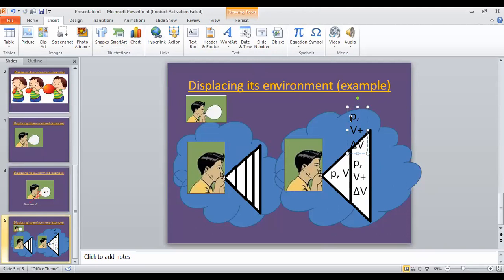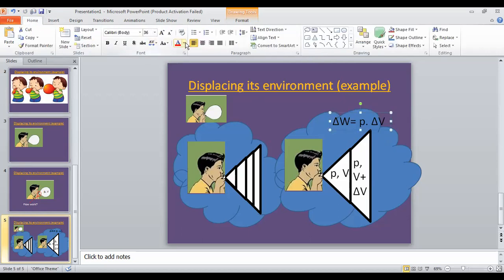W. That is delta W, because delta W is to make the volume increase by delta V. Delta W, we can write it as P times delta V. So keep this in mind.